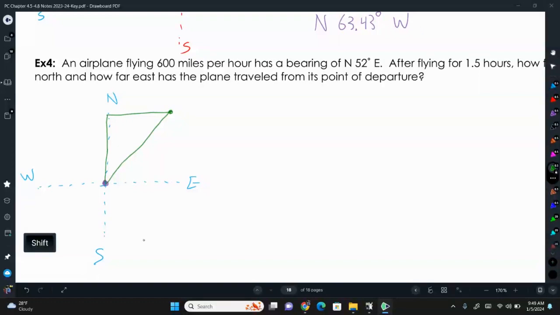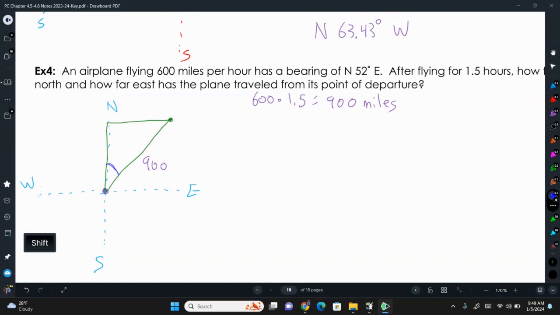Now it's traveling at 600 miles per hour for 1.5 hours. That's 900 miles. So that means the hypotenuse is 900 because we're flying at that angle for 1.5 hours. Now we need to figure out how far we traveled north and how far we traveled east. Our angle right here is 52 degrees.